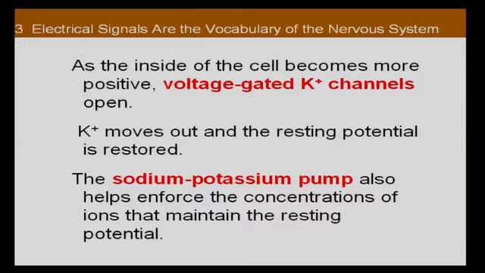The second voltage-gated channel that we're going to talk about, so we have voltage-gated sodium channels. Now, in addition to the vanilla regular potassium channels open all the time, those are still open all the time, we have now a voltage-gated potassium channel. And this is like an extra safety valve.